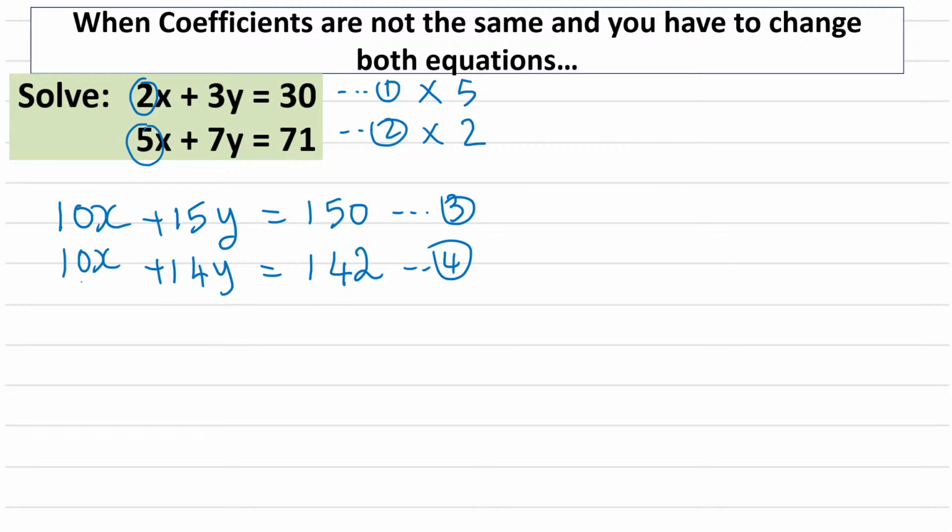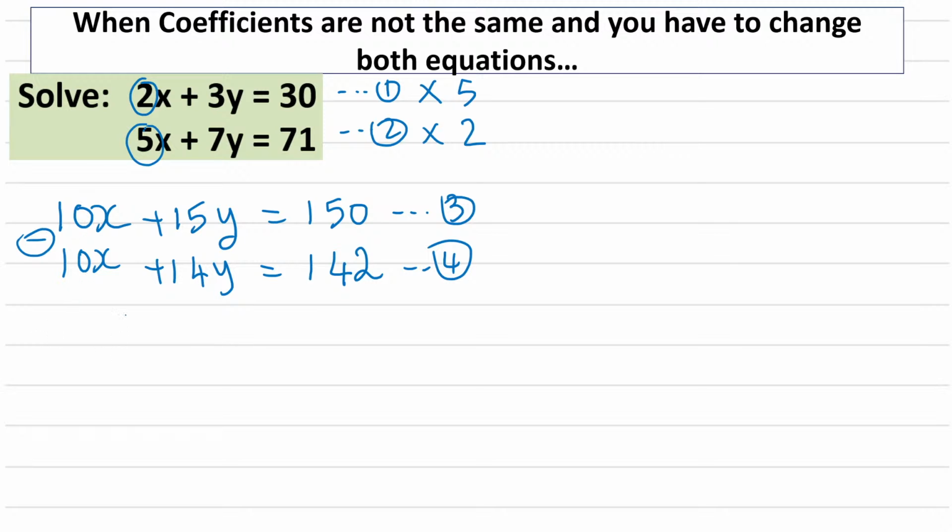Now my x's are the same, but they are both positive. So what should I do to get rid of them? If I add them, that will become 20x. I don't want 20x, I want 0x. So it means I need to subtract: take away 10x is 0x.